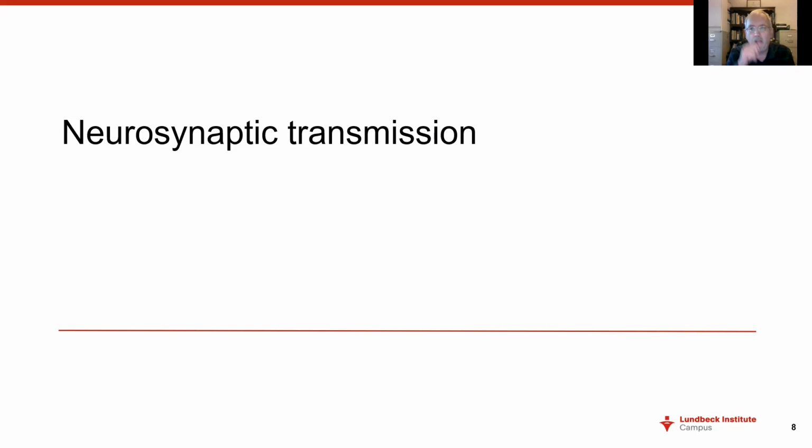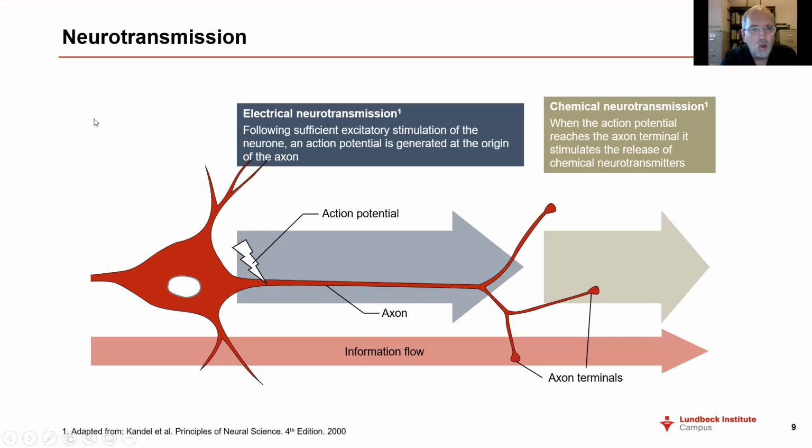But I think it was useful to go through some basics here about how neurotransmitters work. So this is just a basic of how neurotransmitters work. What ends up happening is what is called an action potential.